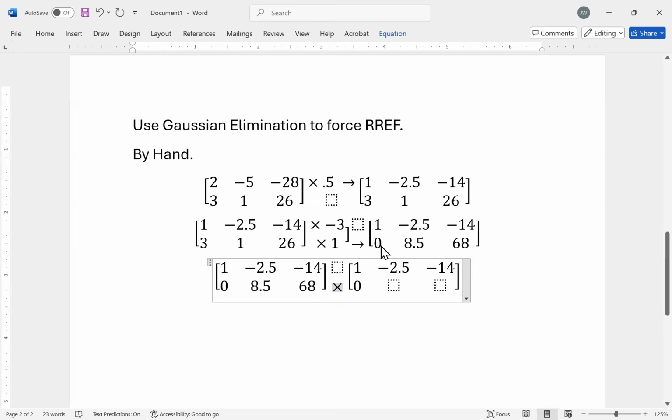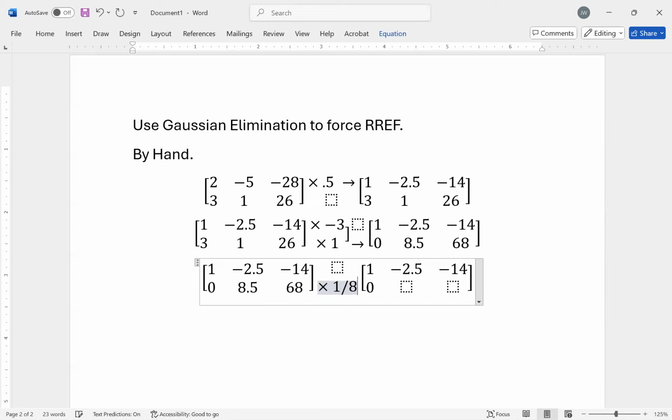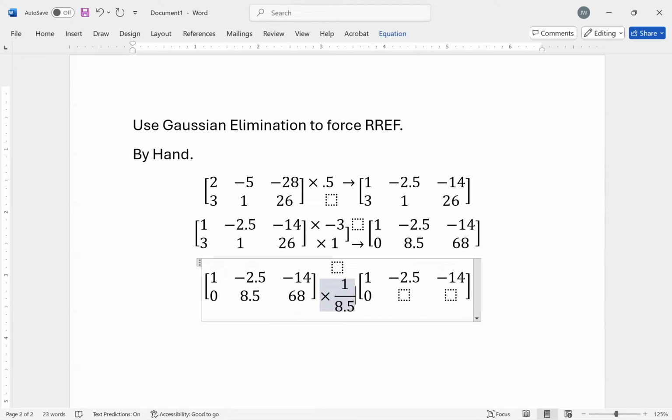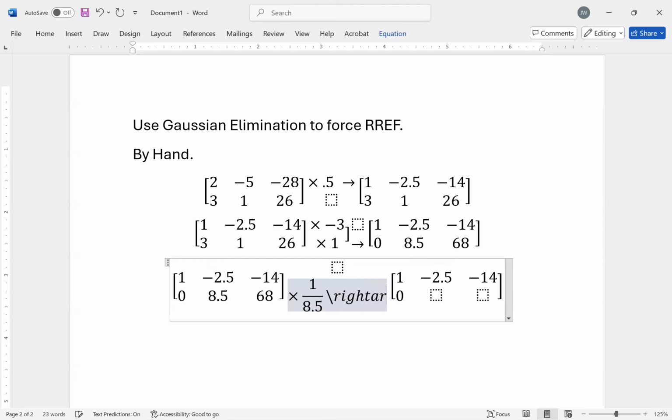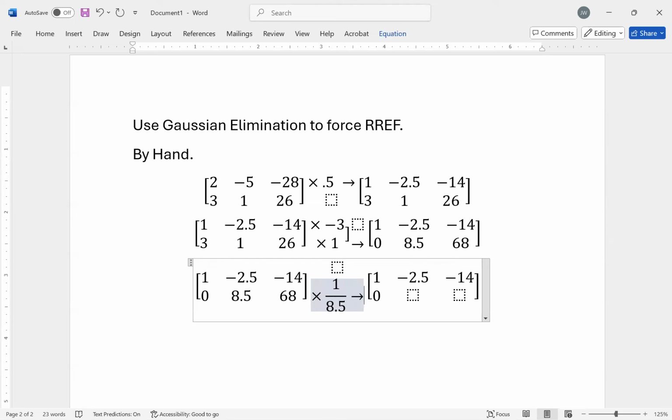So I take this matrix, I put it down here, and then I multiply the second row by 1 over 8.5, and I replace the second row with that new row. Now, multiplying 0 by 1 over 8.5 is not going to change anything.